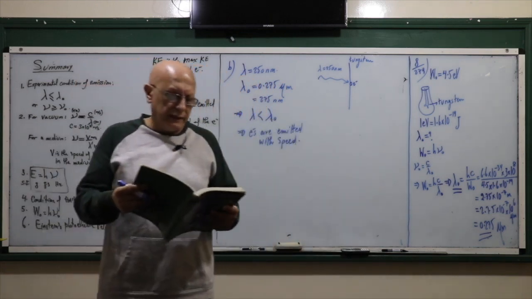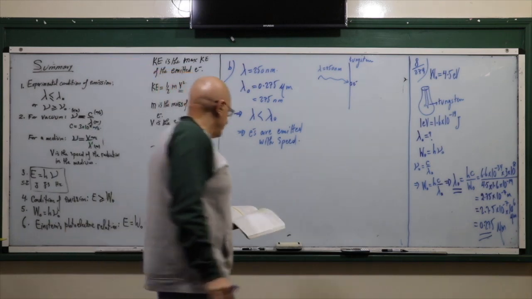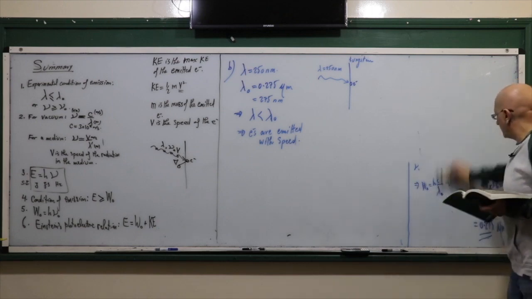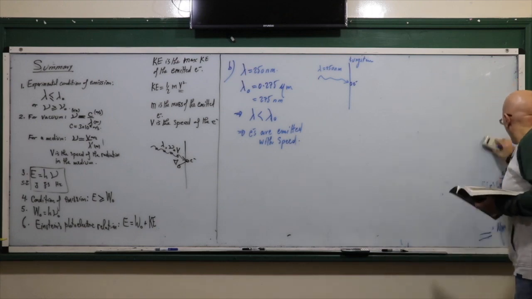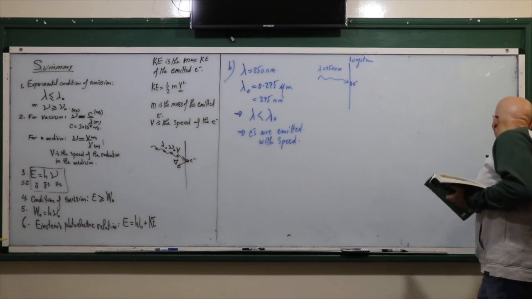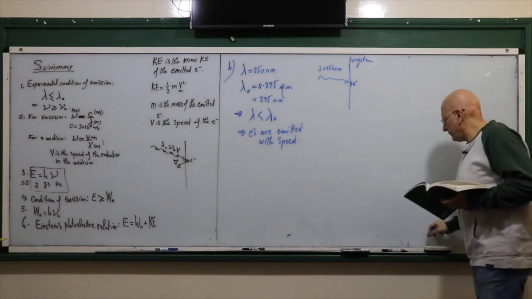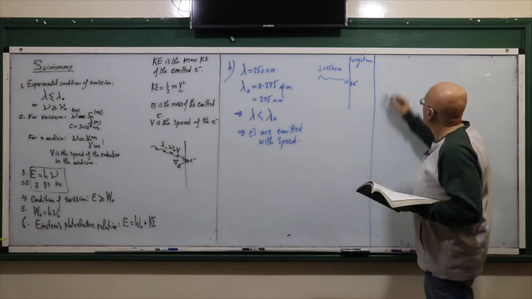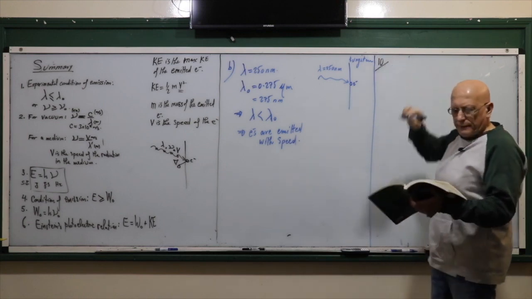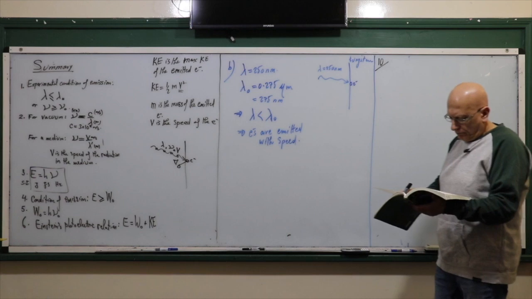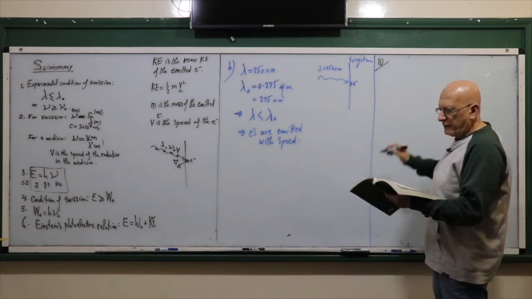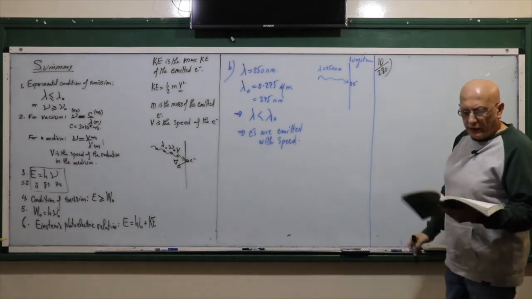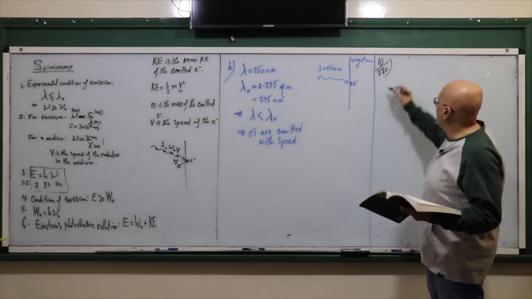Let's see number 10. Page 280. The work function of a metal is 3 electron volt.